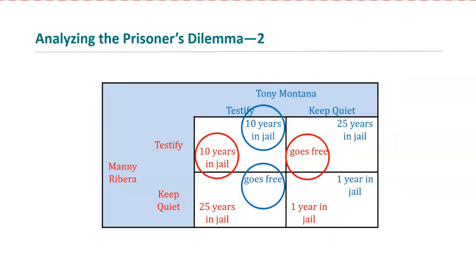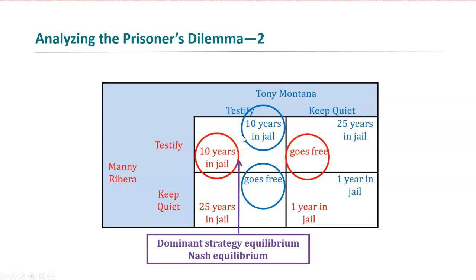And when we're analyzing this, whenever we see two circles in the same box, in the same spot in this table, that signifies that we have a Nash equilibrium. In this case, it's also a dominant strategy equilibrium because both players have a dominant strategy of testifying.